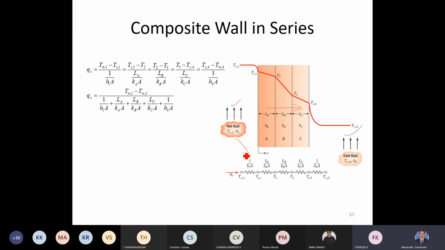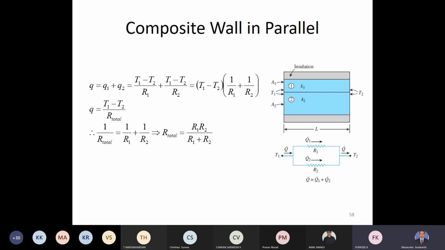All these things have come into the picture in this particular representation. All these resistances are shown here, giving the total resistance. In this way you can calculate the heat transferred, and you can also calculate the temperature at different locations. For example, this temperature we assume is known, so we can calculate the temperature at any unknown point in between.